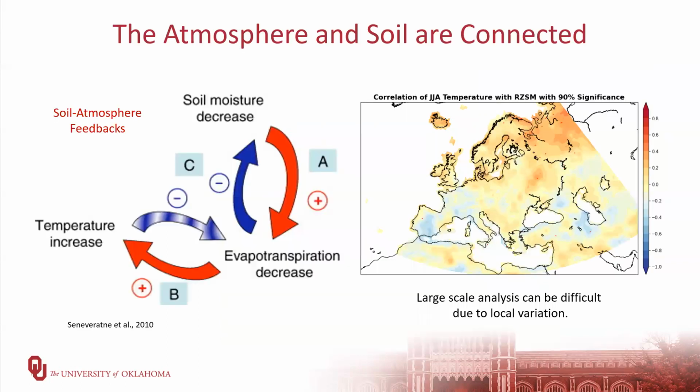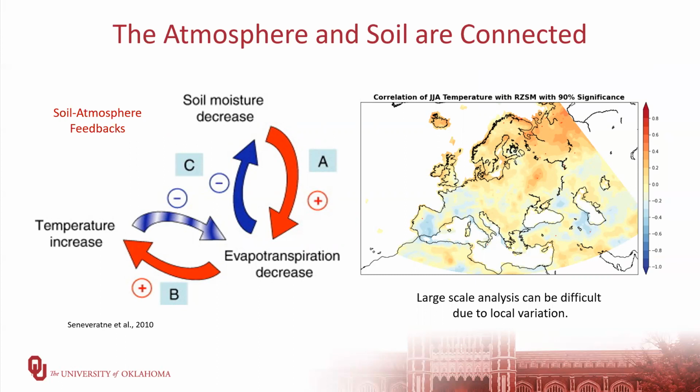So there is a well-known relationship between temperature, evaporation, and soil moisture with feedbacks that go in both positive and negative directions. Direct correlation of temperature with root zone soil moisture can be problematic, particularly at large spatial scales.